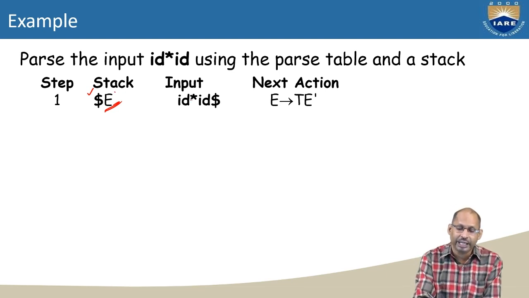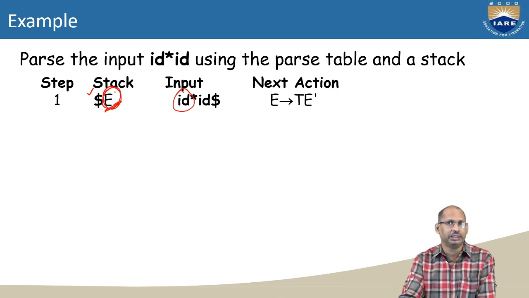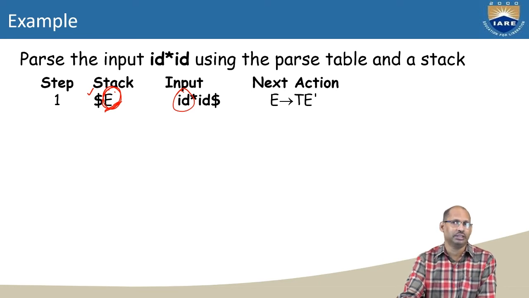for E and id. We have to consider the top of the stack, that is E, and id, right?